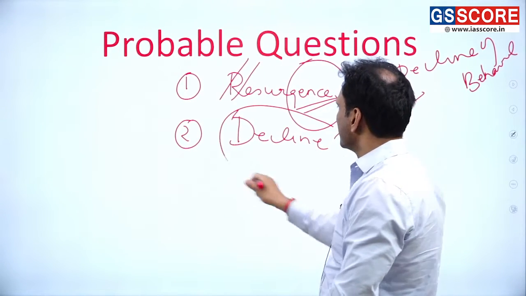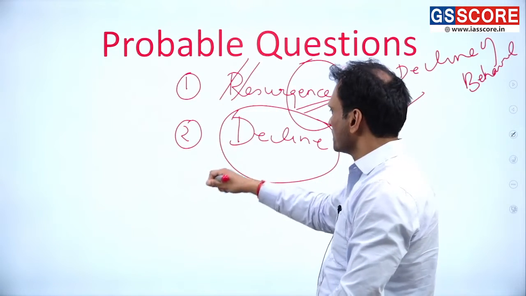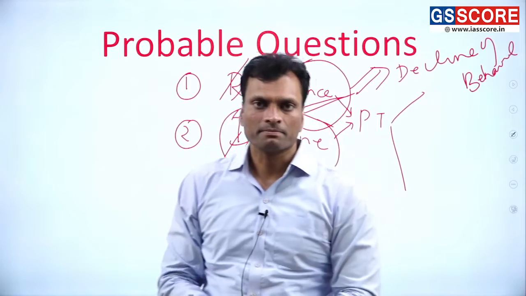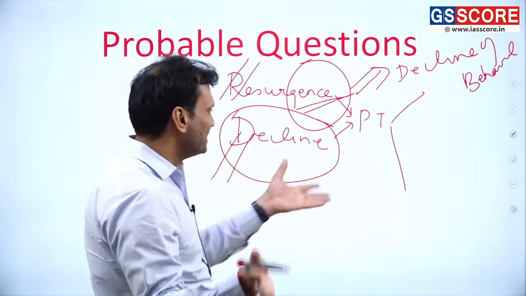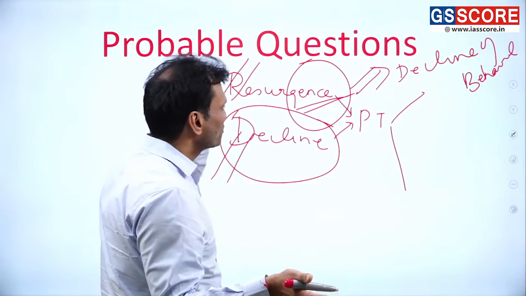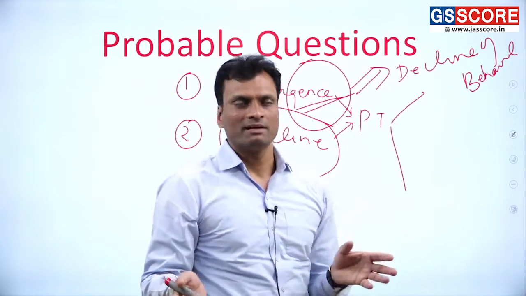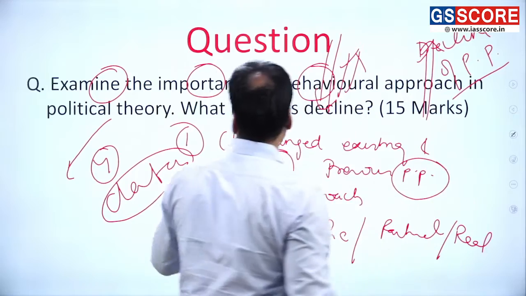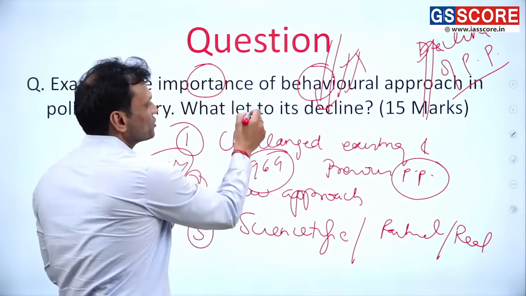What is decline? Decline came before resurgence, with the rise of David Easton and the Eastonian model of behavioralism. But at the end, we understand that the main contribution and importance of behavioralism, as we have seen in the question itself, is what led to its decline.